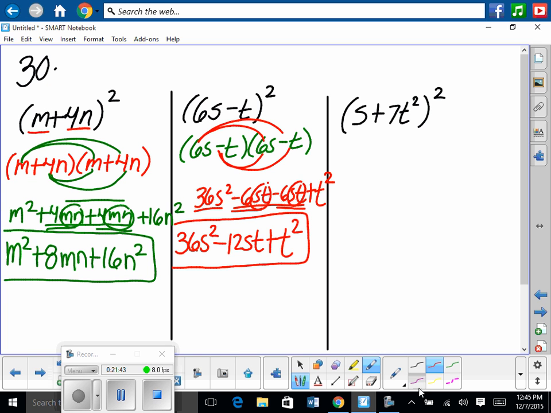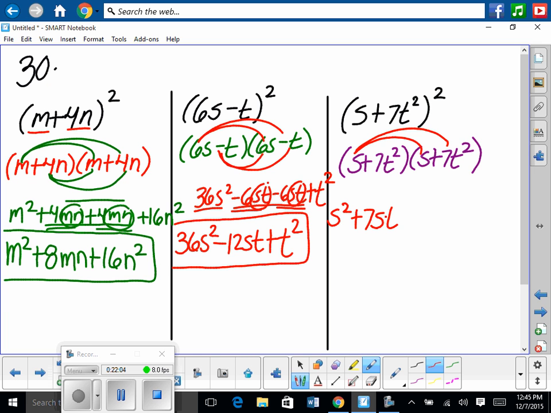So looking at this next one, a little bit trickier. It just throws people off. So we have s plus 7t squared times s plus 7t squared. We're going to double distribute, using properties of exponents when we can. S times s we know is s squared. Careful on this next part. S times 7t squared is positive 7st squared.